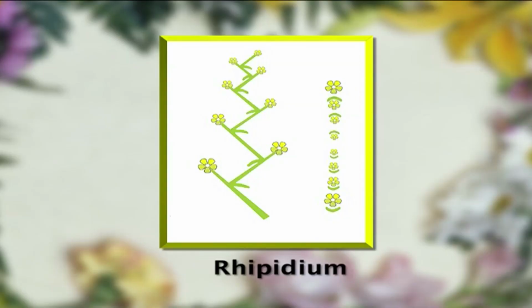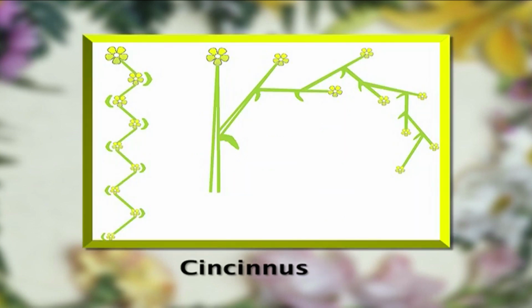One, Rhipidium, in which the lateral branches are in the same plane, and Cincinnus, in which the lateral branches are in a different plane. The third type of cymose inflorescence is the biparous or dichasial cyme.